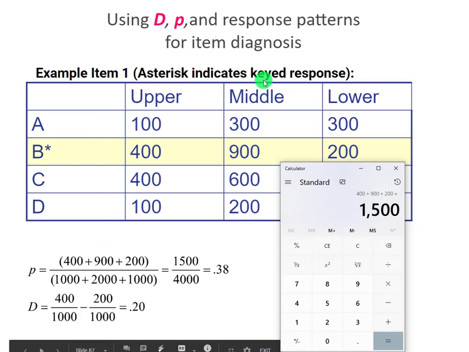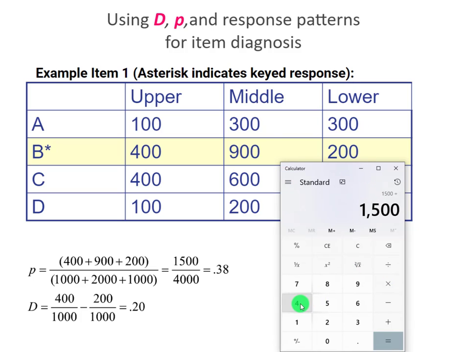And we know that there's 4,000 students total, right? We've got the 1,000, the 2,000, and the 1,000. So if we divide that by 4,000, we would get that this question, it's not too difficult, not too easy. It's 0.38, moderately difficult maybe, might be a way to describe it. About 38% of students are getting this answer correct.